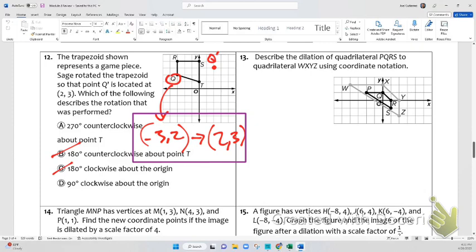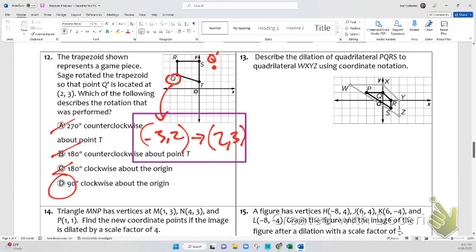So in this case, it's not a counterclockwise rotation, it's simply a 90 degrees clockwise rotation about the origin. The other way to do it would be if you had patty paper, or in your case, if you're at home, just a regular scratch sheet of paper. If you were to rotate it 90 degrees clockwise around the origin, you would see that that's where the new Q would end up.